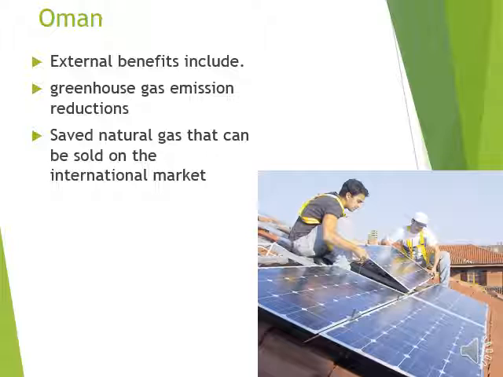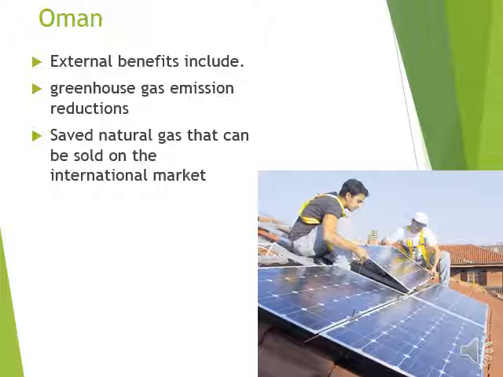Now, you also have an external benefit in that the gas that is not used for burning for making electricity in Oman could actually be sold on the international market. You can make it into liquefied natural gas and sell it to other countries.